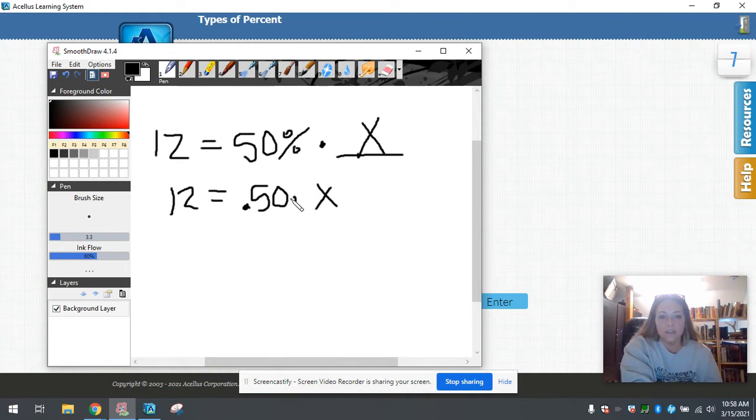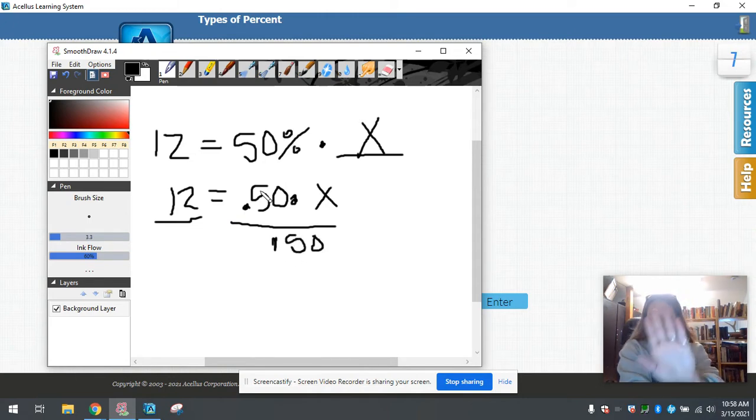Now, to get this variable by itself on one side of the equation, we undo what's been done to it. So it's being multiplied by 0.50. To undo multiplication, or do the opposite of multiplication, we divide. We divide by the number that's on the side of the equation with the variable.